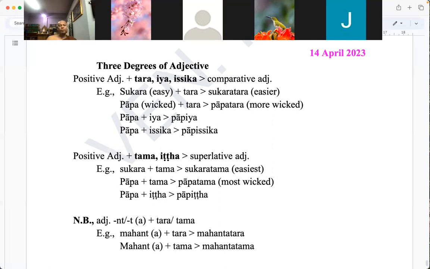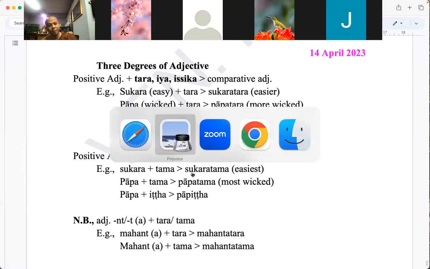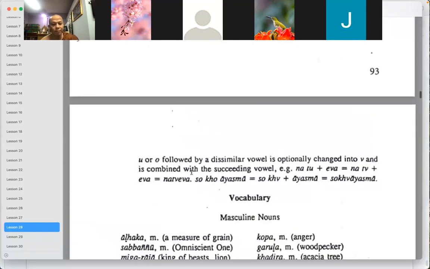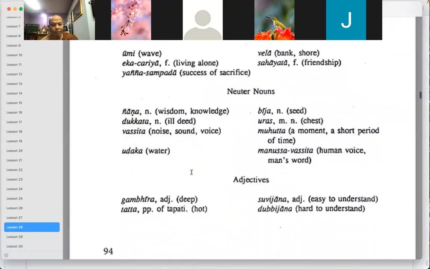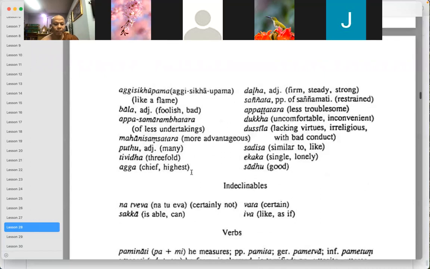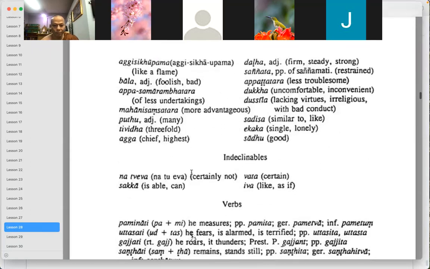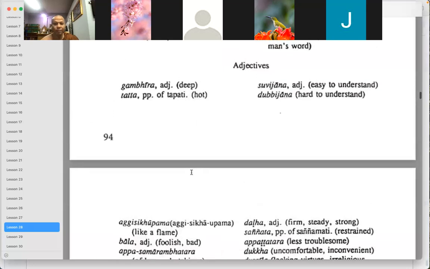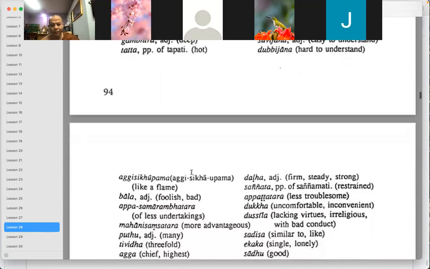For example, in the case of an adjective which is not with the A ending, for example the word in the vocabulary that I found, sadu. It is good. So if we put it in the comparative, it is better, or superlative, best. So in that case, how do we form it, Bante? Whether it is still the same. The same. We don't need to change anything. Sadhu Dara or Sadhu Dhamma or something like that. Oh, yeah. Thanks, Bante, for this one.